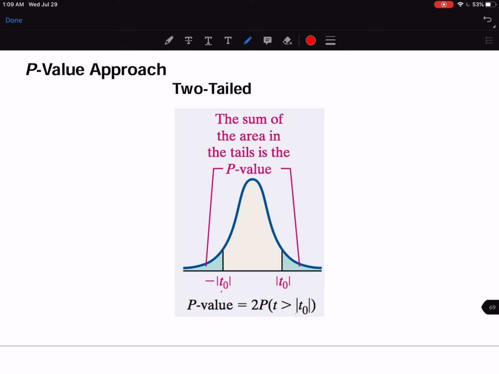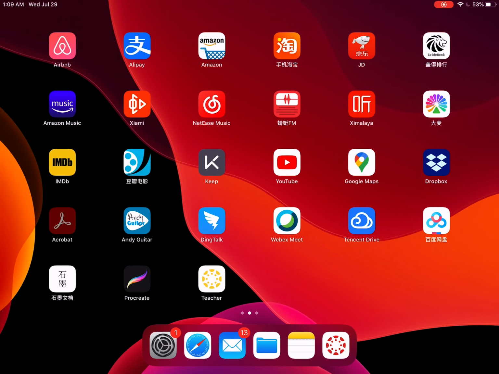Now, if it's a two-tailed test, that means the population mean could be either less than or greater than, so mu is not equal to mu sub 0. This is the alternative hypothesis of a two-tailed test. So this means that mu is less than mu sub 0. Oh, I'm sorry.